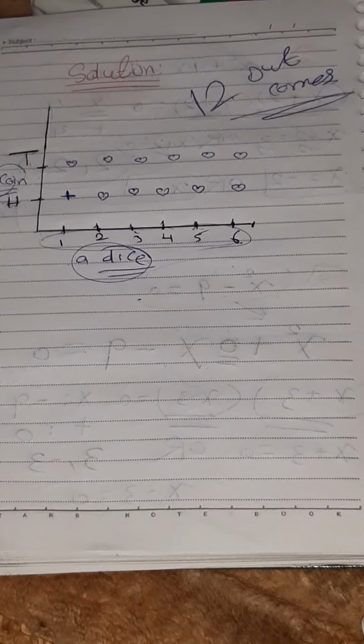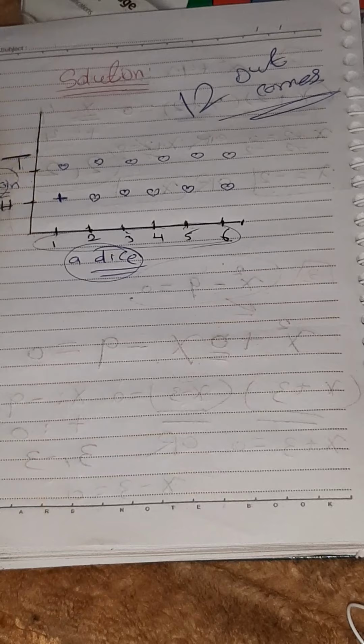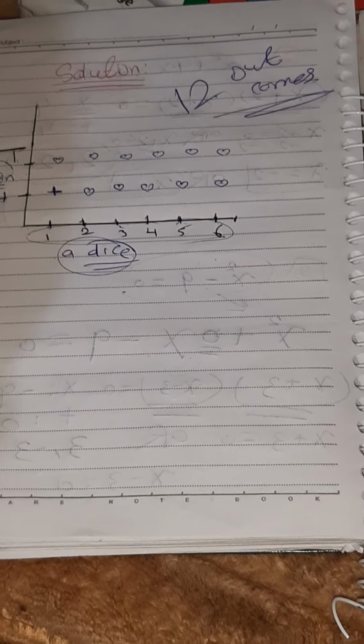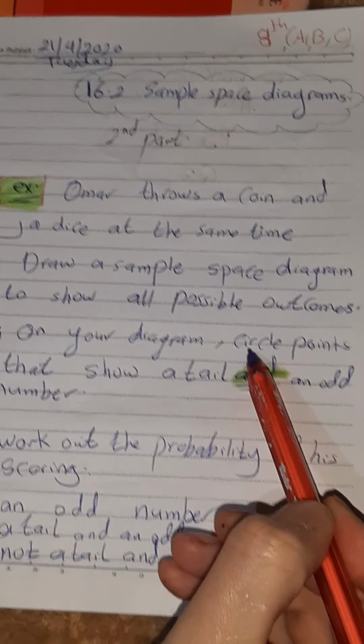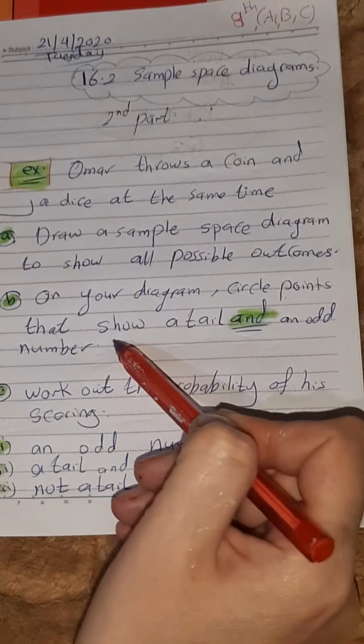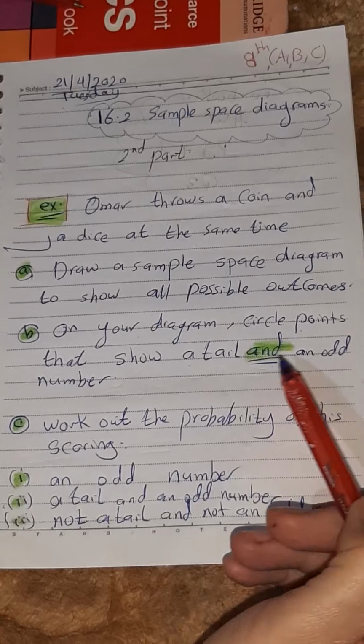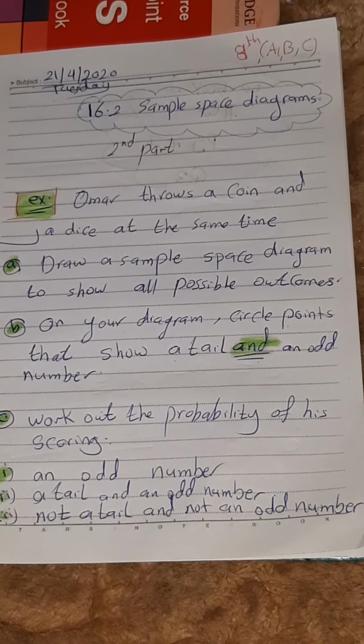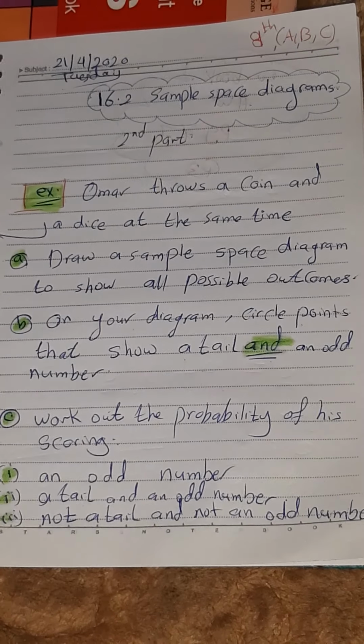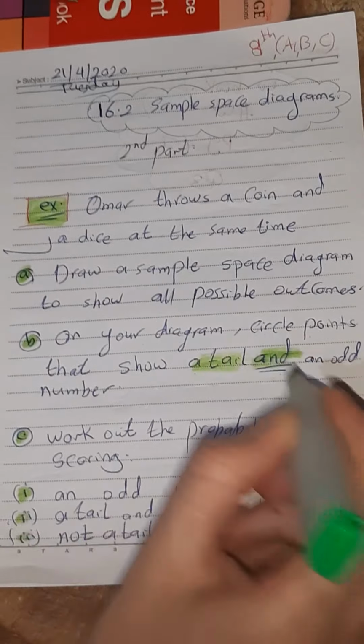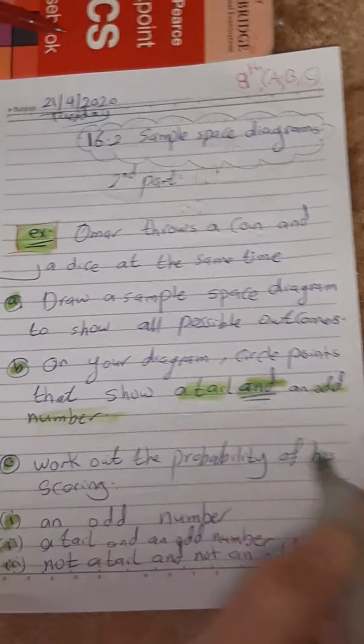Now here I drew a sample space diagram. Now on your diagram, circle points that show a tail and an odd number. We want a tail and an odd number.